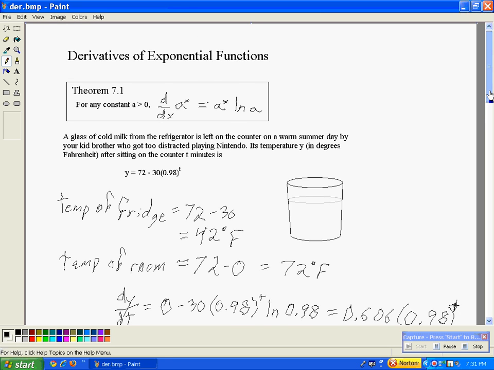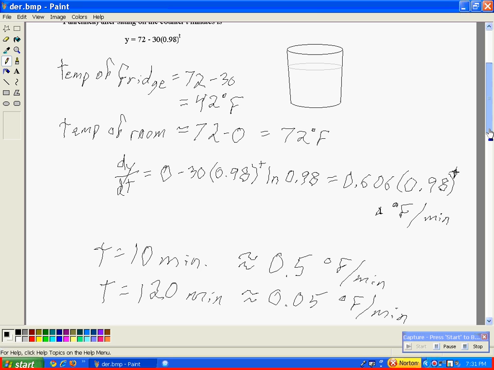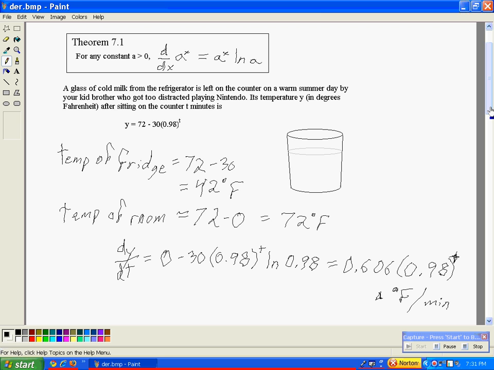So it's increasing its temperature really fast, and then gradually becomes room temperature. Say about getting it straight back. Hey, it's already out. It probably is warmed up a lot. So just give it to your kid brother while he's playing Nintendo. He probably won't notice anyway that the milk is warm.